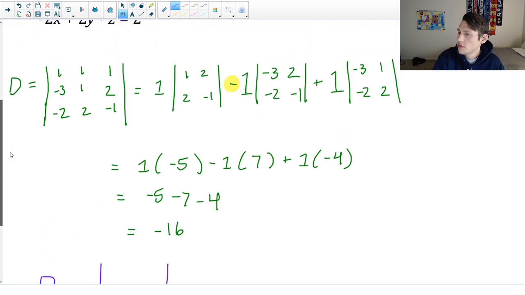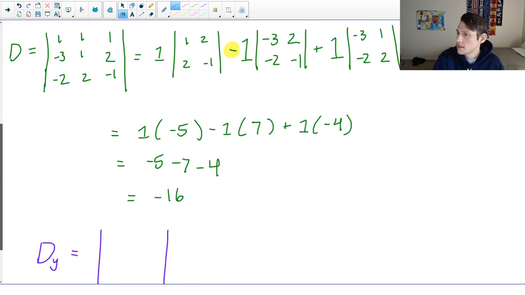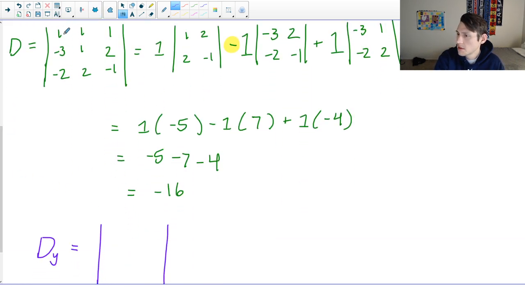So this is a 3 by 3 matrix where I'm going to copy this same column, 1, -3, -2. I'm going to copy this same column, 1, 2, -1.